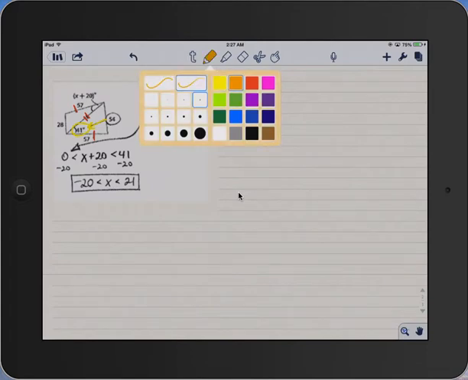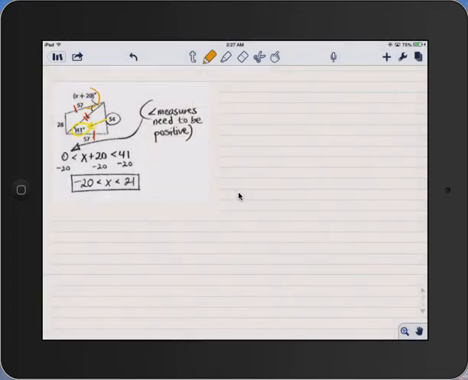And then we've got an angle that's x plus 20 that's across from a 28 length segment. So we know that the x plus 20 is going to have to be smaller than 41, so x is less than 21.